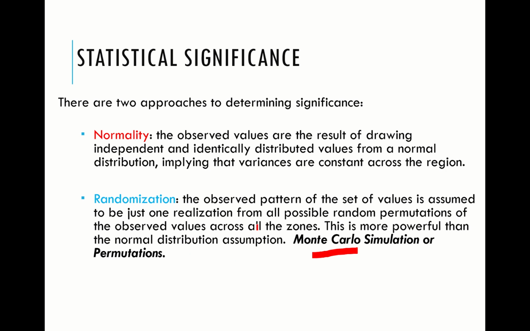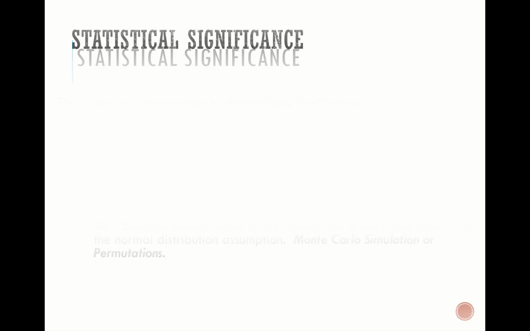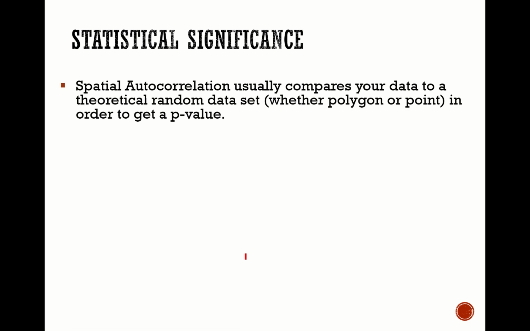It compares all of those random configurations of the variable to your observations to see how likely or unlikely your particular spatial arrangement is. So you're taking your spatial autocorrelation and comparing your data to a theoretical random data set in order to get a p-value.